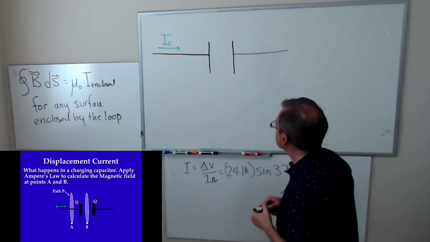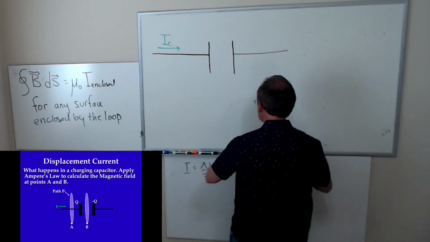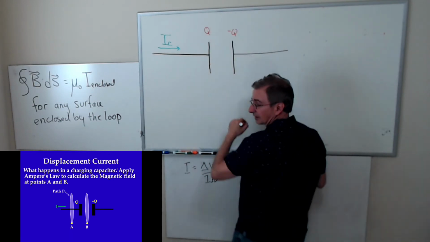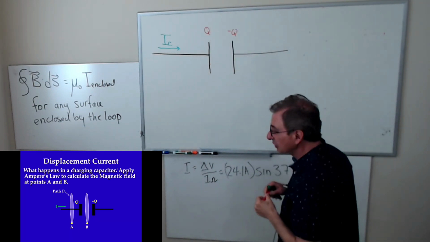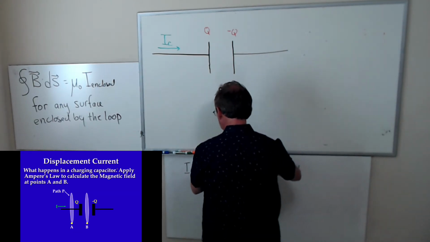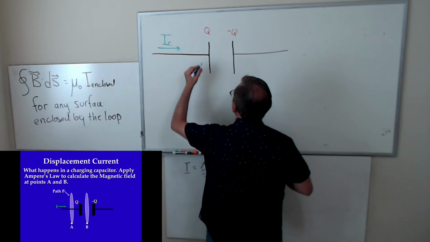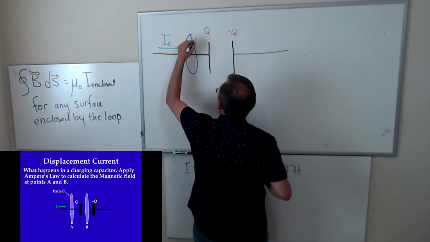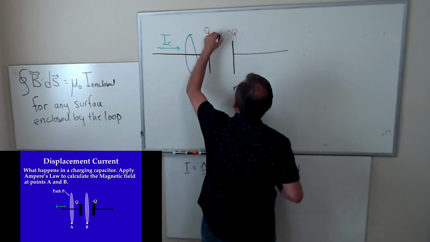And what I'm interested in, by the way, let's put the charge on the plates. I'm interested in calculating the magnetic field at 2 points. I want to calculate the magnetic field here and over here.